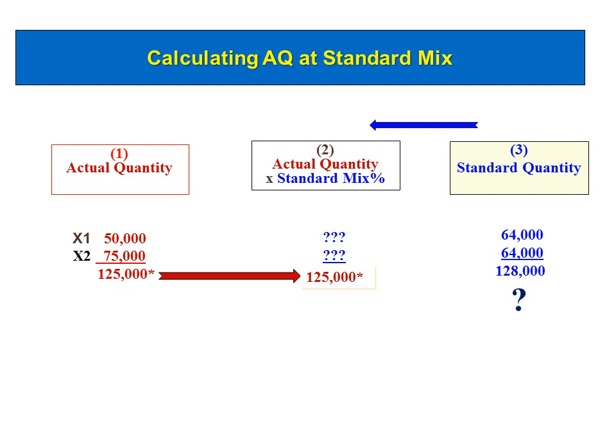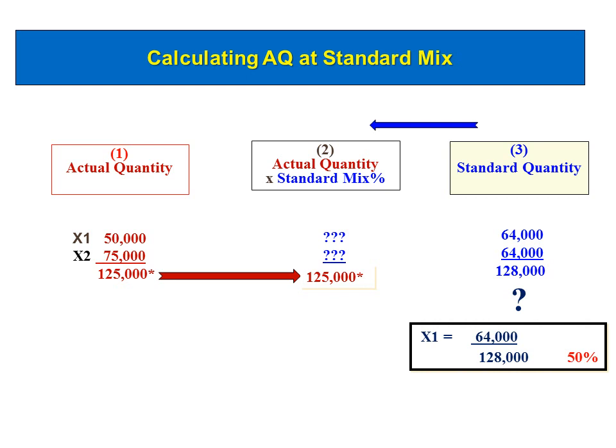Very simple. If you remember joint cost, here I have X1 standard quantity 64 and the total of standard quantities for all raw material kinds 128. So I can calculate the percentage of X1 and so on. X1 will equal 64 over 128, which equals 50%.